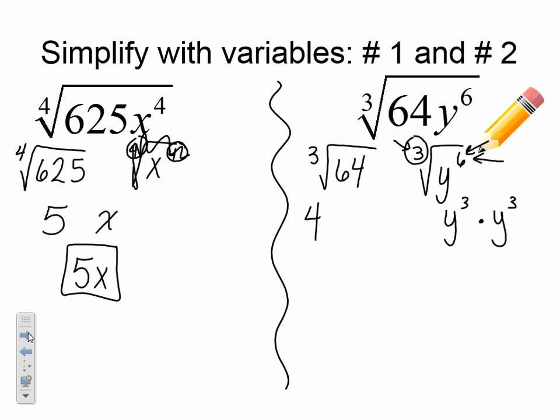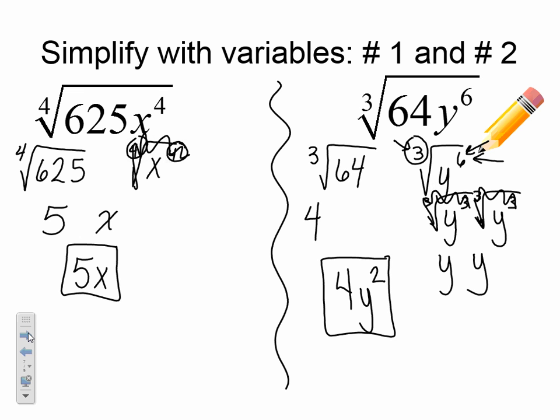And so with that in mind, if I put a cube root sign over both of those separately now, and don't look at them together as 6 little y's, but look at them as 3 and 3, now they do cancel out and I have a y when I cancel and a y when I cancel. Look at that. I'd have a y times a y, which makes a y squared. So my final answer is 4y squared. That's what it works out to be when it's all simplified.